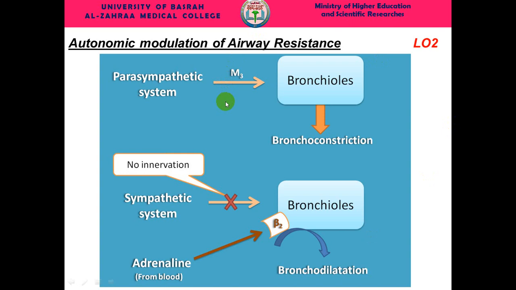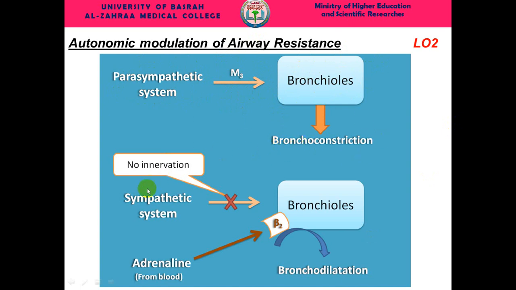So the parasympathetic system through the M3 receptors are present in the bronchioles, and any stimulation of the parasympathetic system will result in a bronchoconstriction.